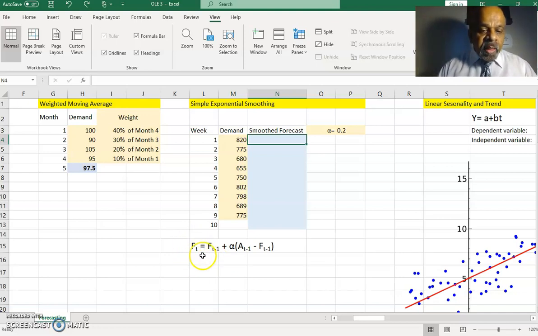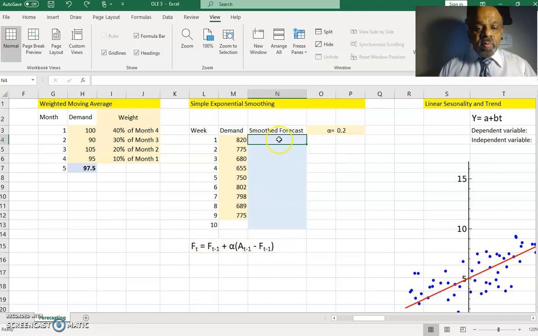For the forecast for week 2, you take the forecast of the prior week, which is the 1st week, plus the smoothing factor times the actual demand of the prior week minus the forecast of the prior week. So you use the forecast of the prior week here and here, the actual of the prior week here, and then you use the smoothing factor to find the weekly forecast.